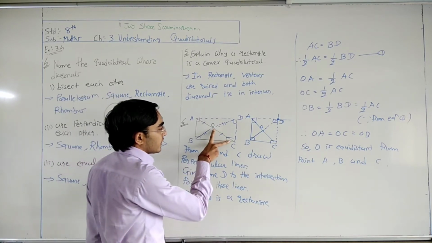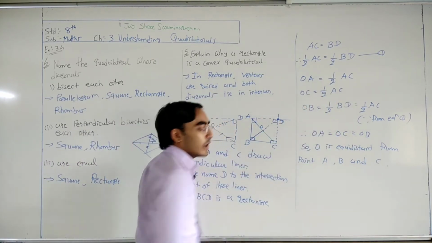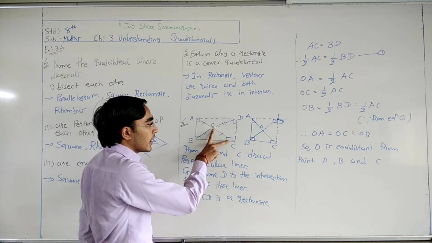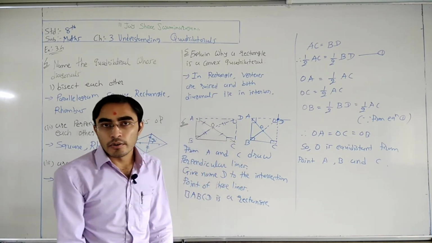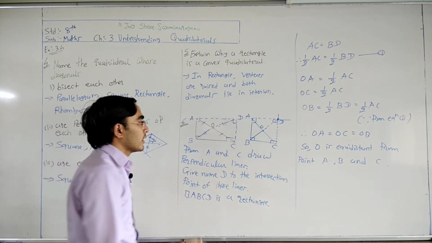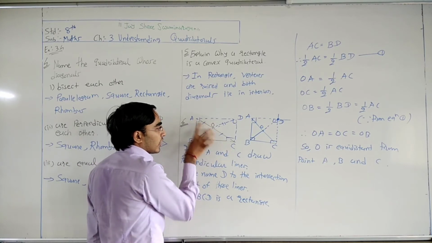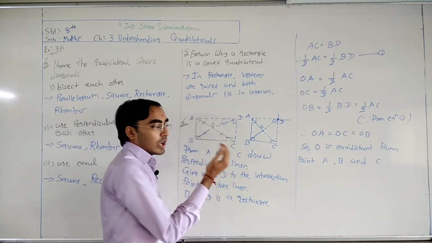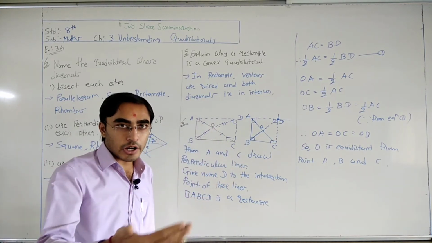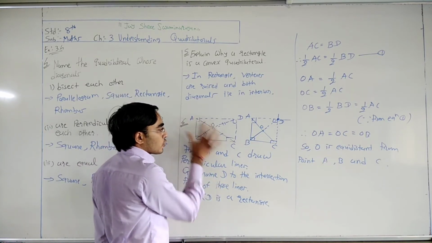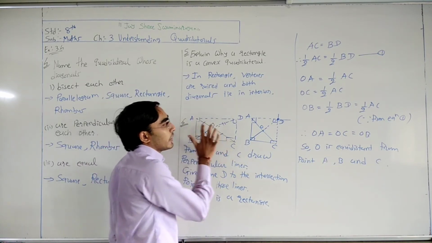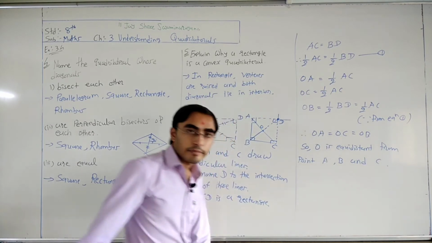Similarly, we can write OC is equal to half of AC, because these two parts are the same. So OA is equal to half of AC and OC is also equal to half of AC.